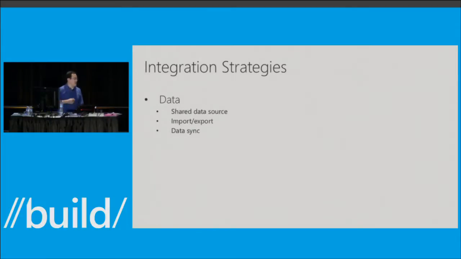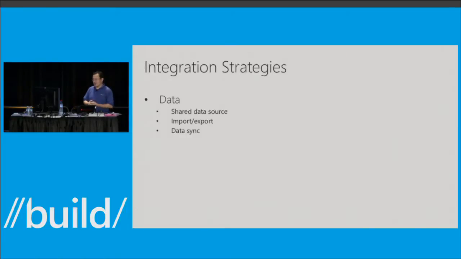Import-export, meaning one application exporting some data and it gets imported into another system. Or data sync, which means the applications are still sharing the same data structure, but the physical data servers are isolated, and they are synced through data sync. So these are the 3 main ways we've seen to integrate at the data layer.